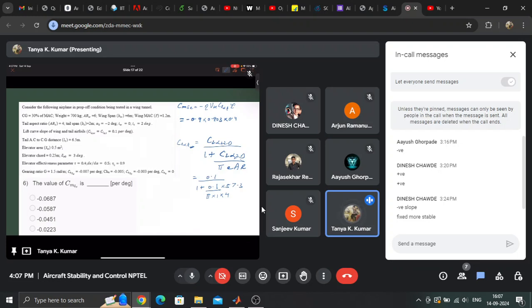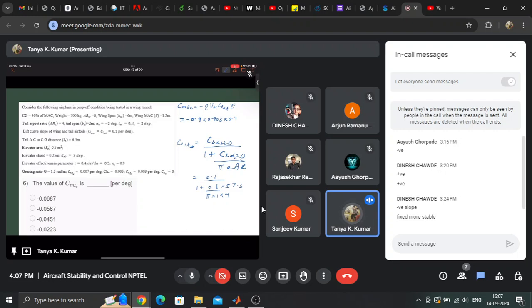So why we are converting it to per radians is that the Cl alpha 2d by pi EAR should be dimensionless. So if you have Cl alpha 2d in the denominator as degrees, then the dimension will not match, right? So Cl alpha 2d by pi EAR must be dimensionless. So the denominator Cl alpha 2d has to be in per radians.